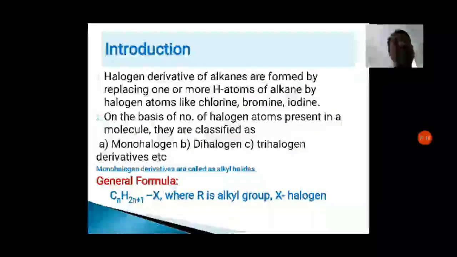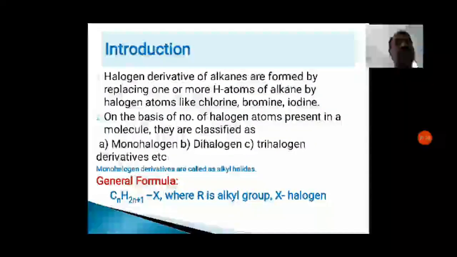Now generally monohalogen derivatives are known as alkyl halides. Monohalogen derivative means if we replace one of the hydrogens from an alkane, then we get a monohalogen derivative that is generally called an alkyl halide.